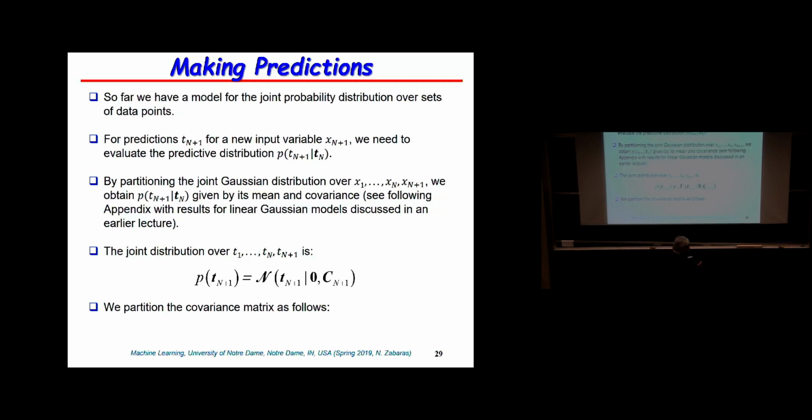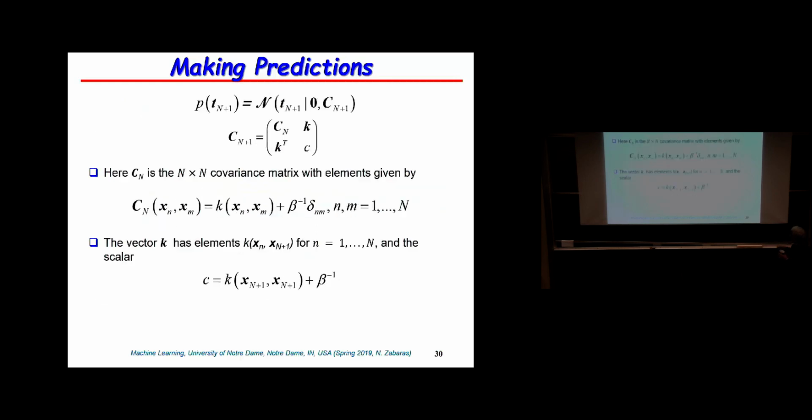You can take any finite set of the values of the function evaluations, and they follow a multivariate Gaussian. So here, if you take n plus 1 values for the y's and follow the previous derivation, you get that the likelihood is given by this formula, where the matrix Cn plus 1 looks like this.